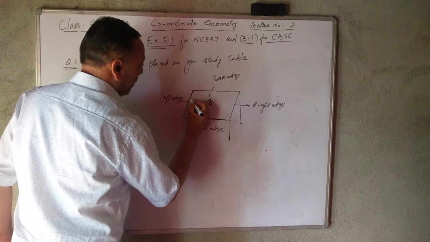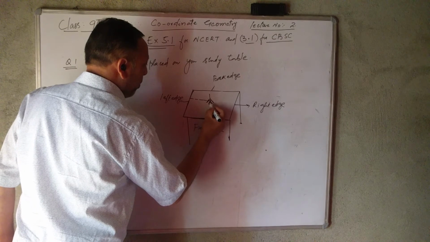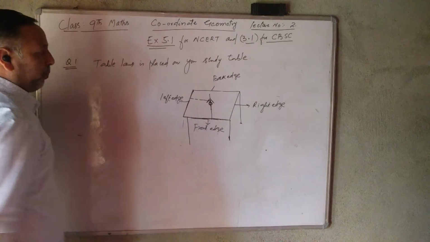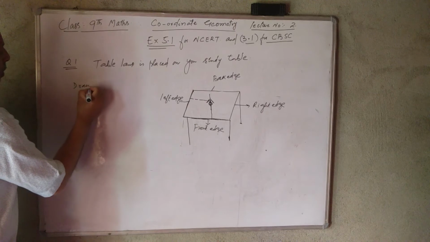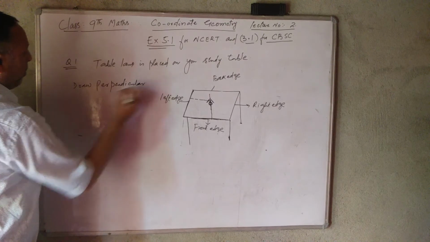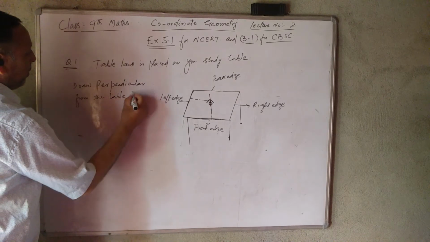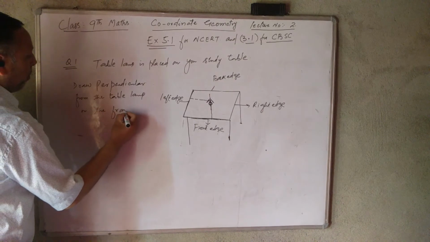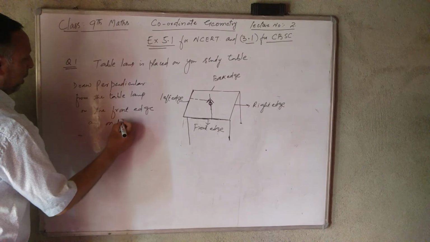Then draw perpendiculars from this table lamp on the front edge and the left edge.